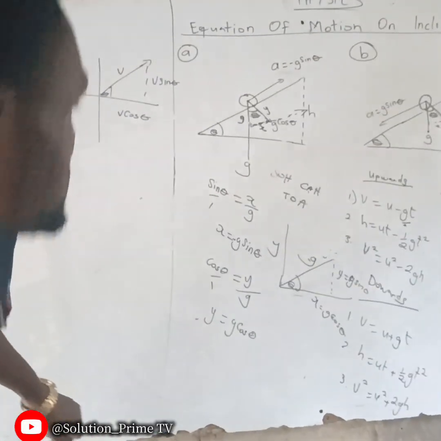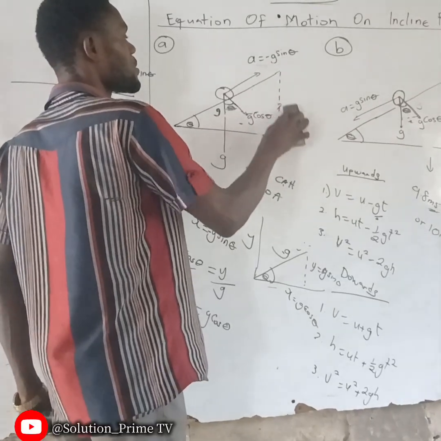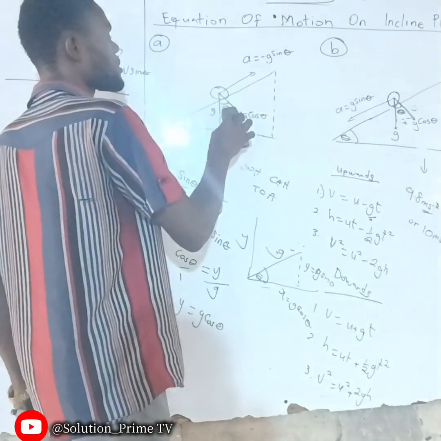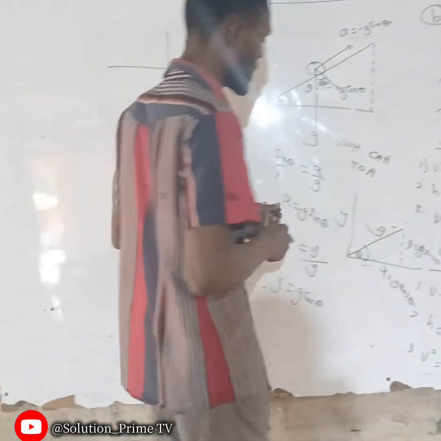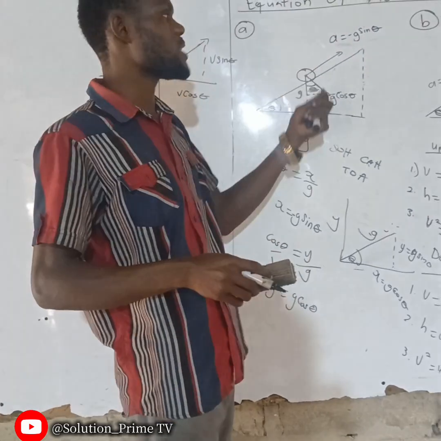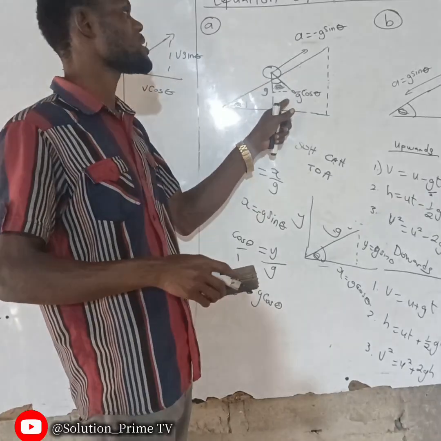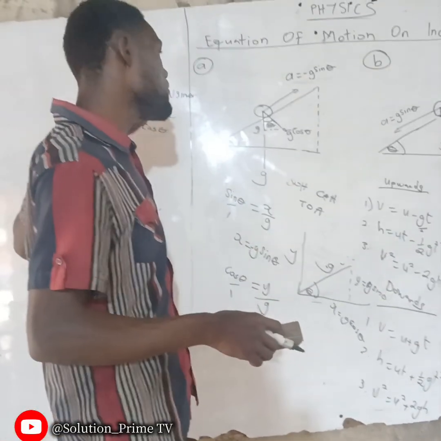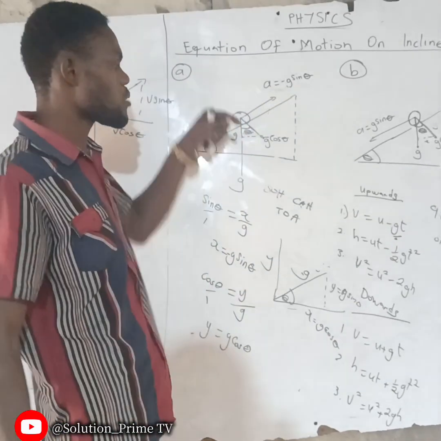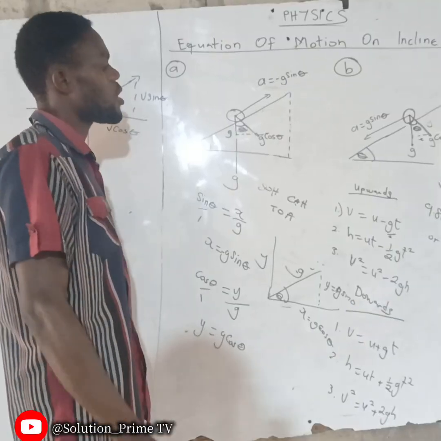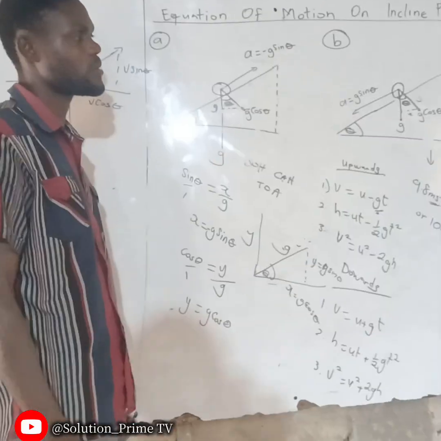So since we've proved that when an object is on an inclined plane, this is what you are going to get. You are going to get the component moving along the inclined plane, which is negative g sine theta, and the one acting towards the inclined plane, which is g cos theta.